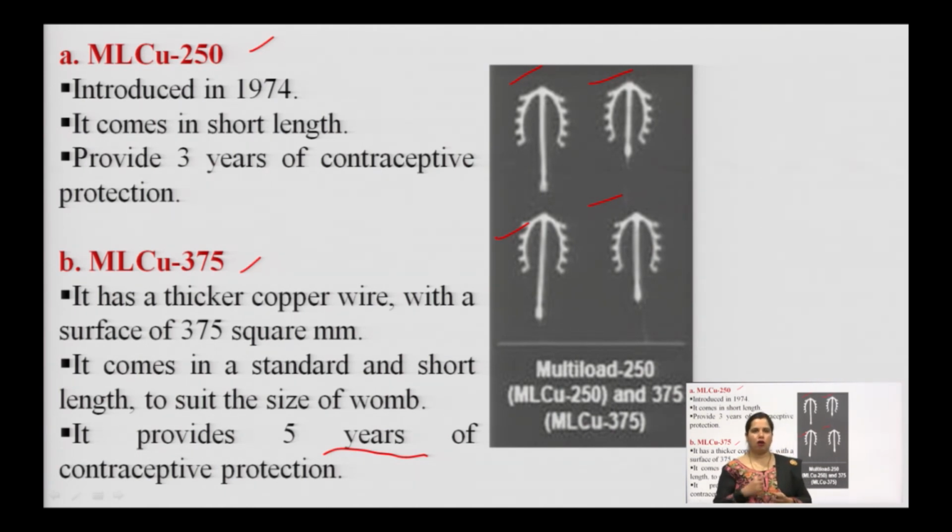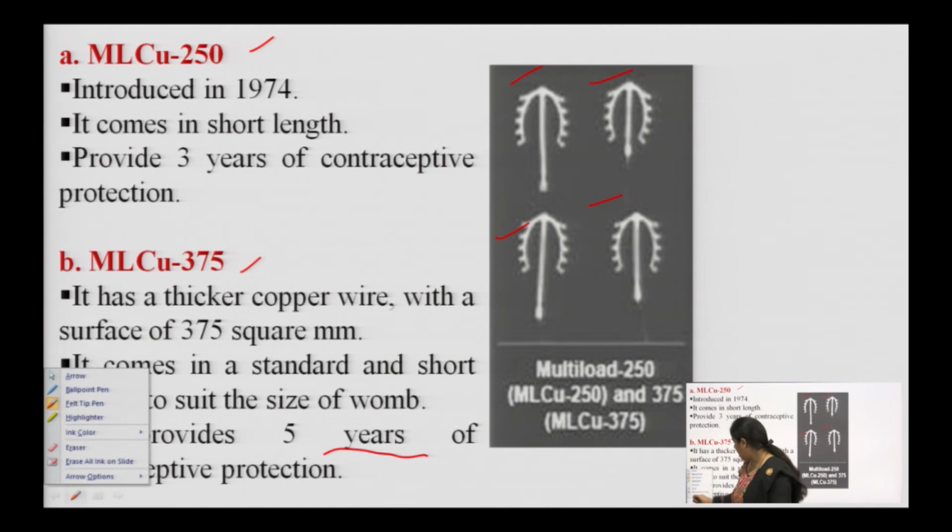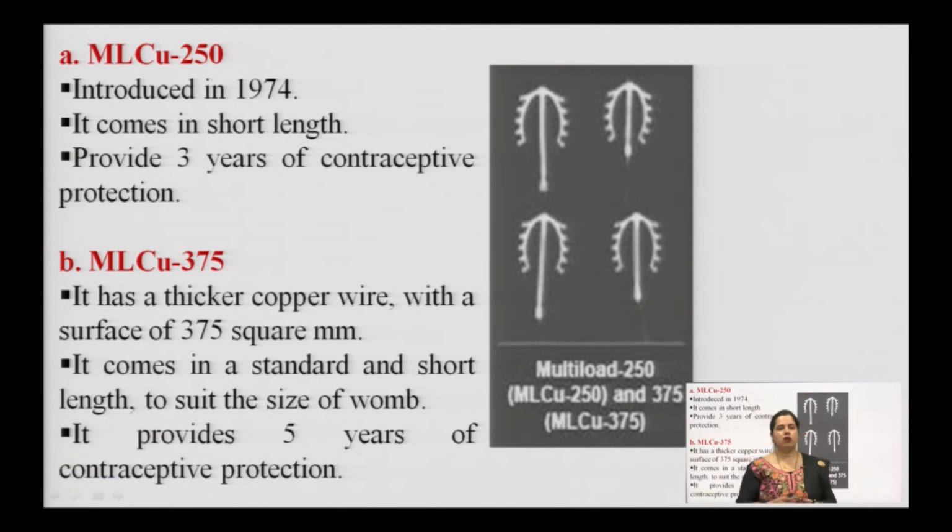It comes in short length as well as long length and provides 3 years of contraceptive protection, whereas MLCu 375 has a thicker copper wire with a surface area of 375 square mm. As I have told you, the name depends on the surface area of the wire used in the device.